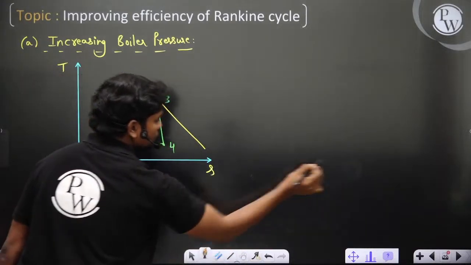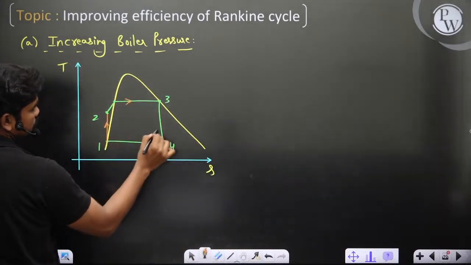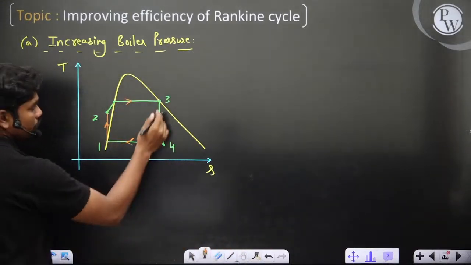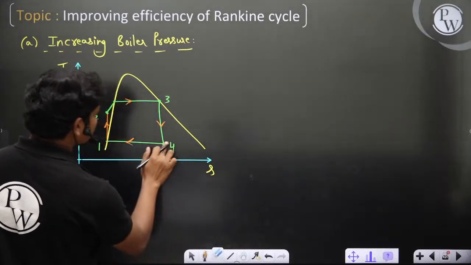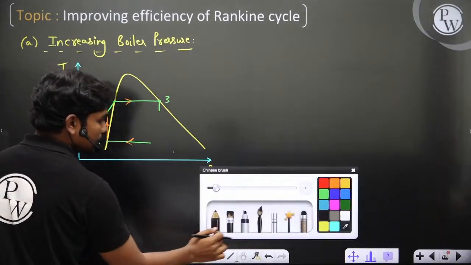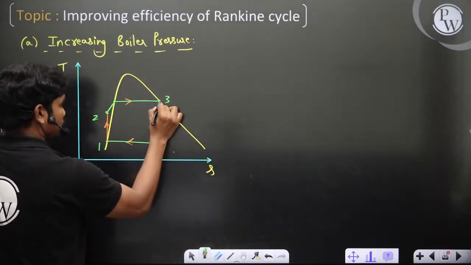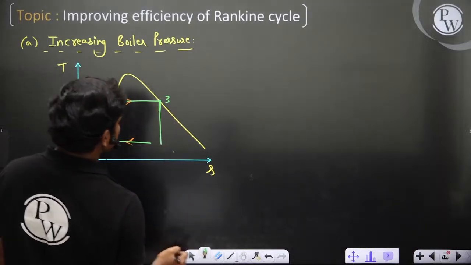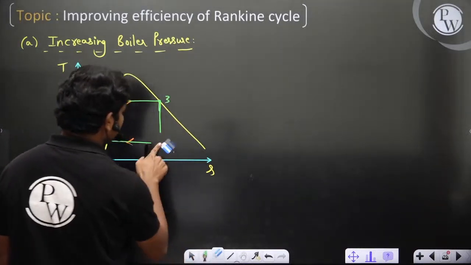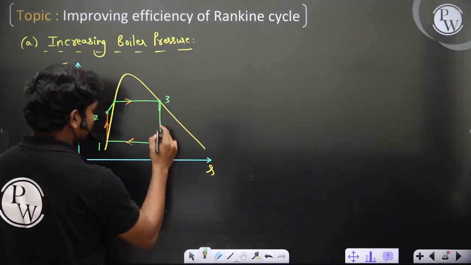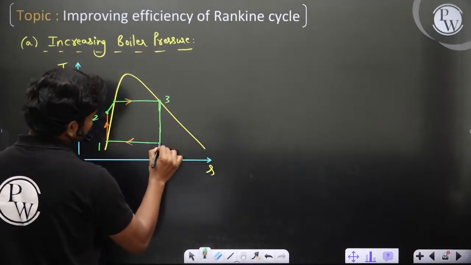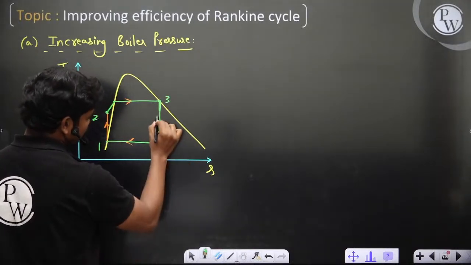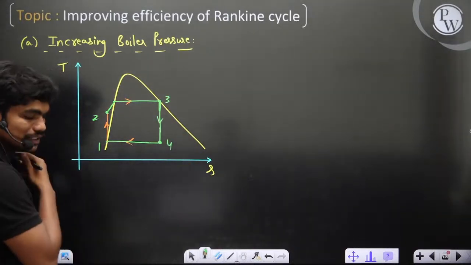So 1 to 2, 2 to 3, 3 to 4 and also 4 to 1, and of course this is a straight line. I think it is not looking straight, but please assume it is a straight line. Fine, please forgive my drawings. I am a very bad artist. So this is the cycle.